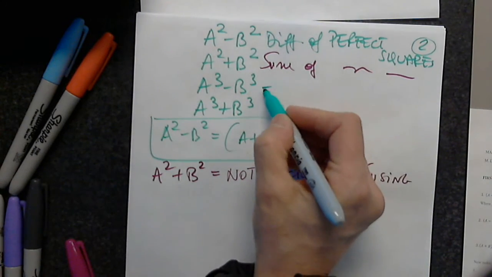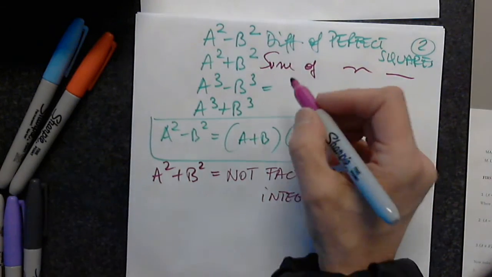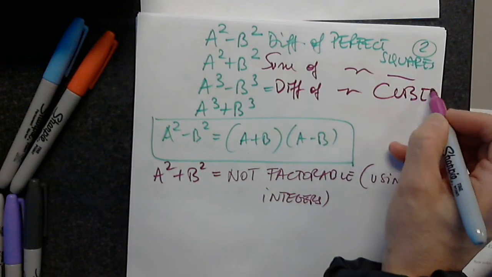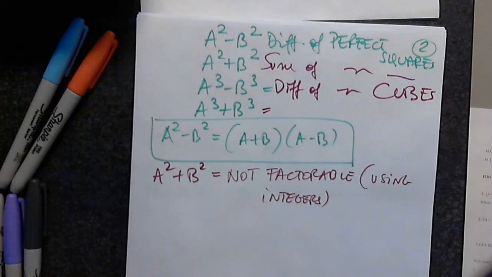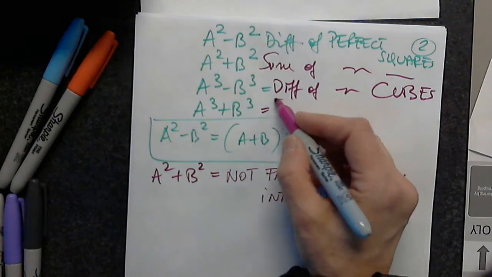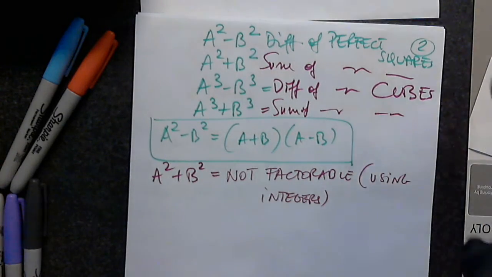Okay, please give me the name of the third one. Difference of perfect cubes. Awesome. And since we are here, so I don't have to go back there, what do you think is the name of the last one? Sum of perfect cubes. Perfect.